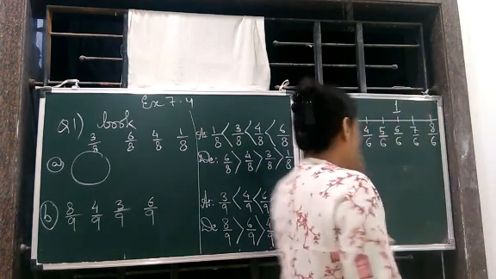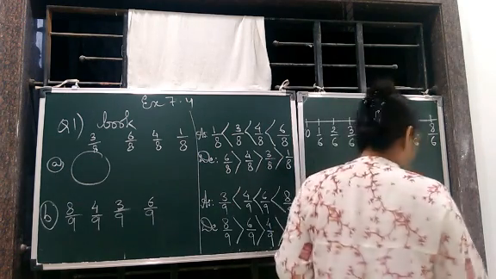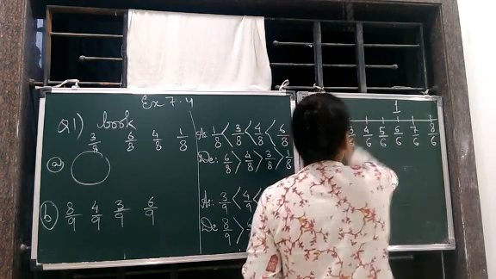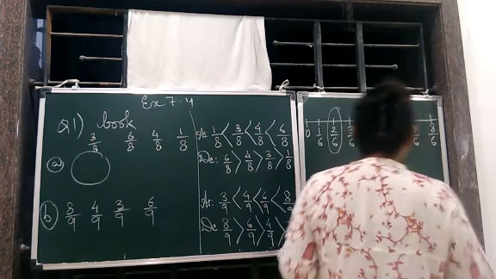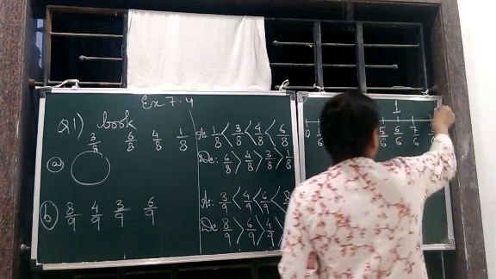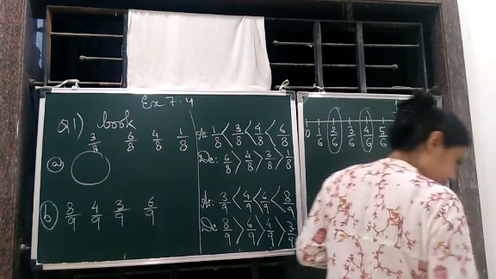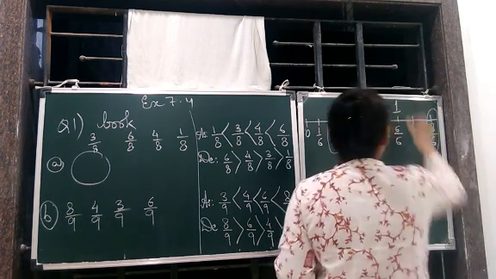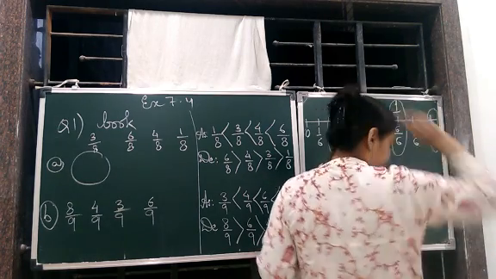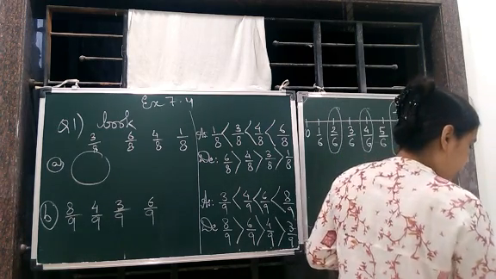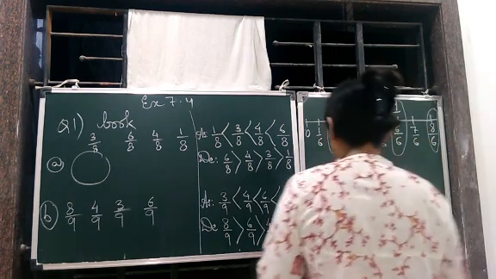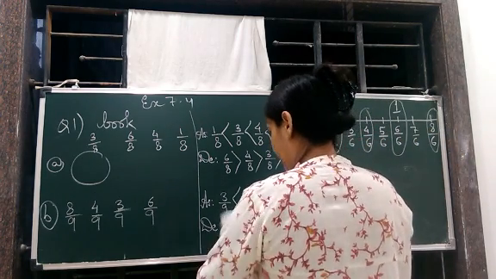Whichever points are there, we just circle them. The first one is 2 by 6, then 4 by 6, then 8 by 6, then 6 by 6, that is this one. Then you have to put the appropriate sign in between these fractions.